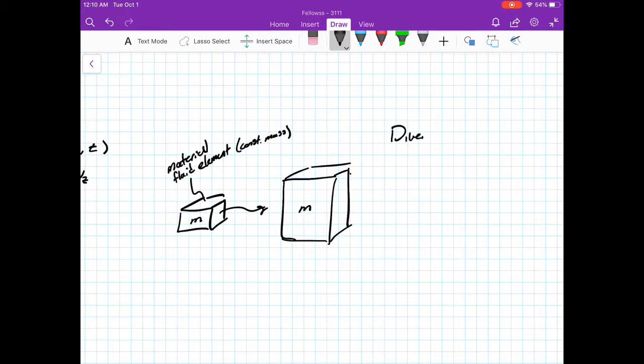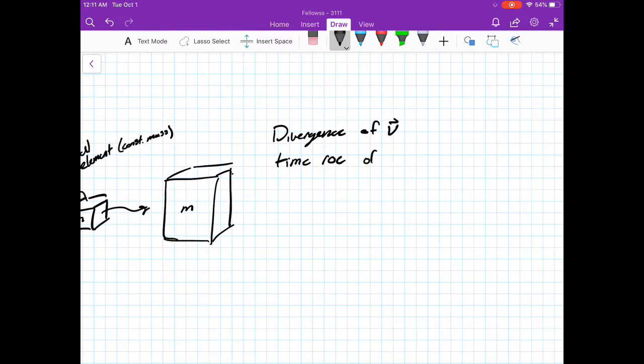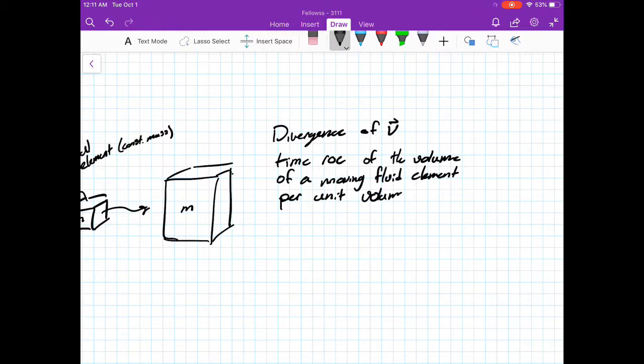So divergence of velocity is the time rate of change of the volume of a moving fluid element per unit volume. And a moving fluid element has fixed mass. That is the one little thing that I left out trying to go off memory there.